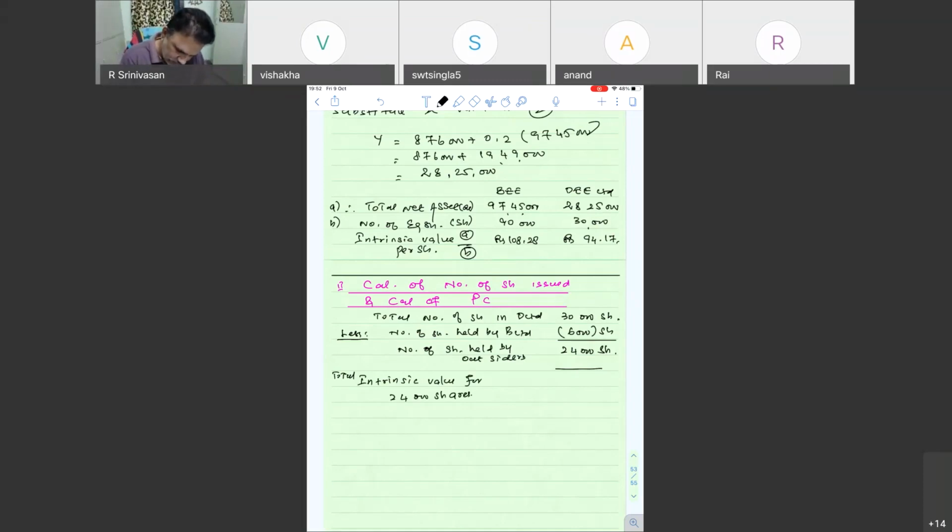What is the value here? 94.17 we have taken. So 24,000 into 94.17, how much is this? 24,000 into 94.17 is 23 lakh 32,080.